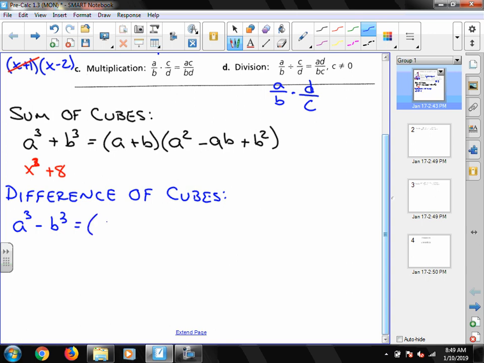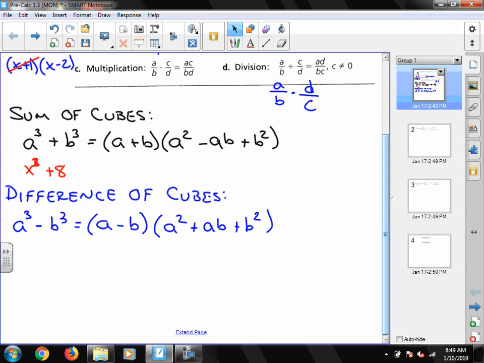That's going to be a minus b times a squared plus ab plus b squared. So use those to help you out. It may be able to help you with some of the factoring that you will need to do today for your homework.